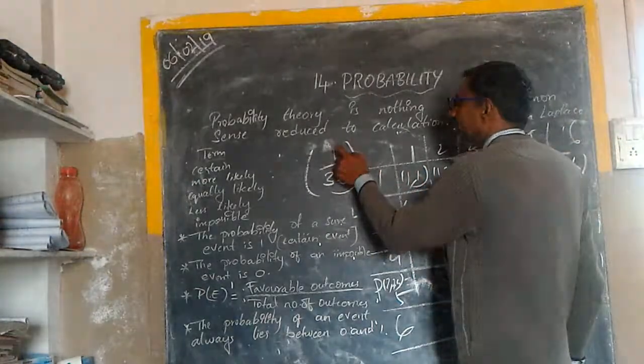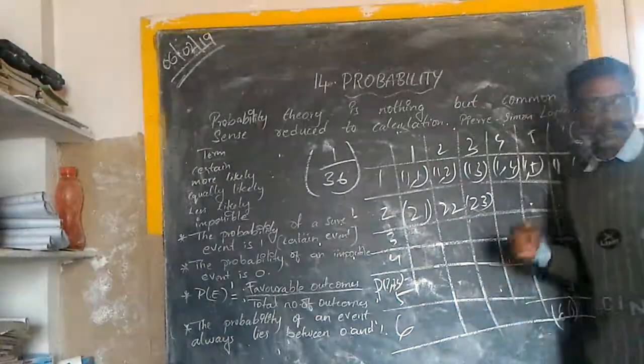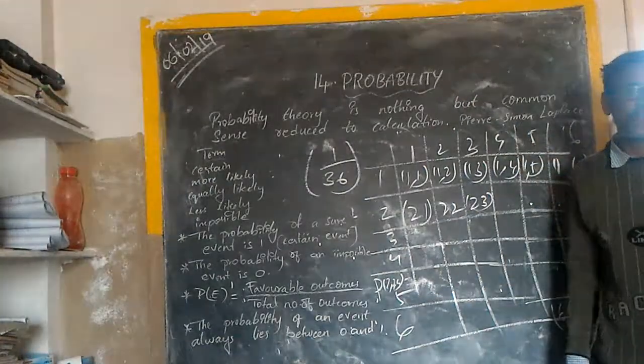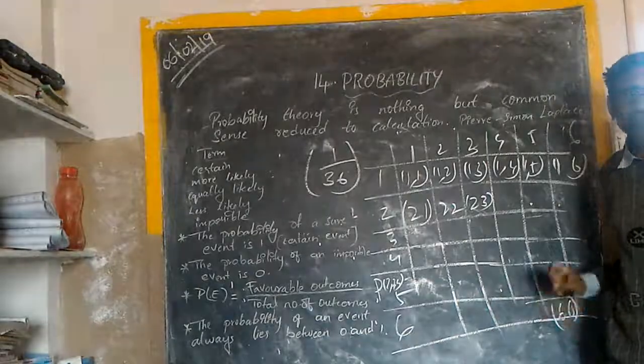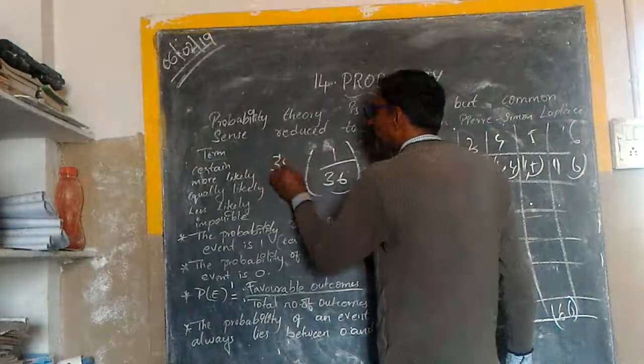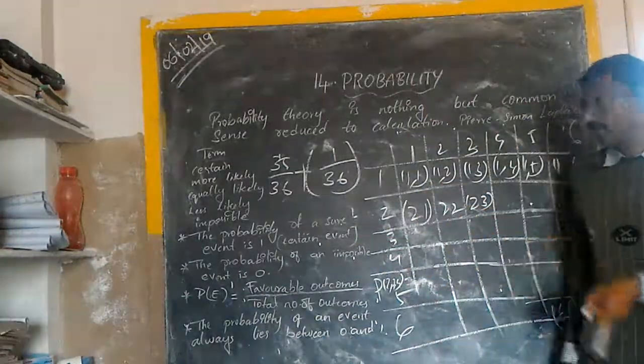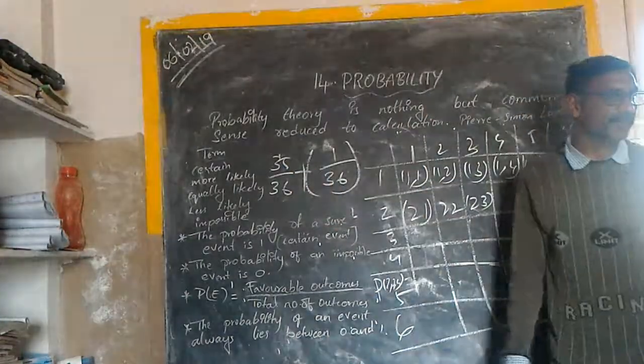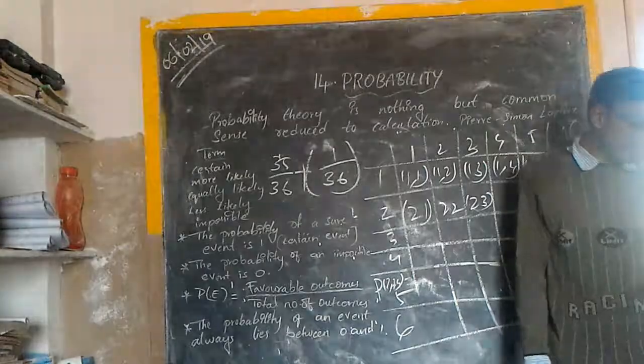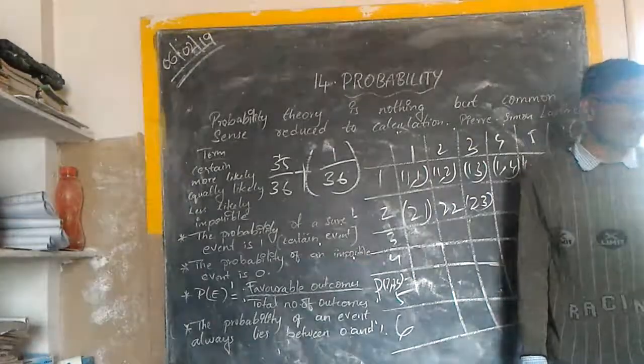Suppose this is 1 by 36, this is my chance. Remaining chances, how many are there? 35 chances, so 35 by 36. By adding these two in one event, how much again? 36 by 36, that is nothing but 1. Do you understand my point?